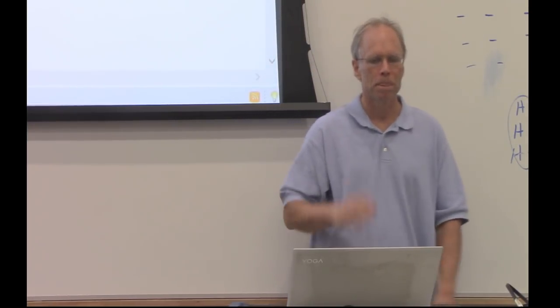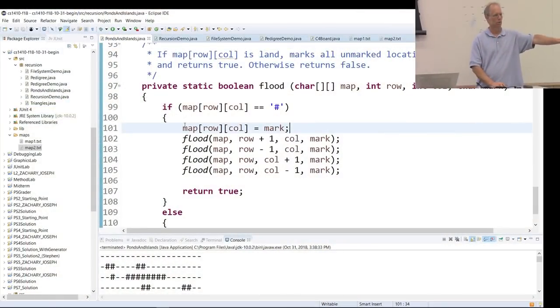Now, the kind of recursion that we saw first with the binary trees is called structural recursion, because the recursive structure of the program is just a reflection of the recursive organization of the data structure being consumed. In this situation, we're not working with a recursive data structure. We're working with a 2D array. Recursion is still useful.